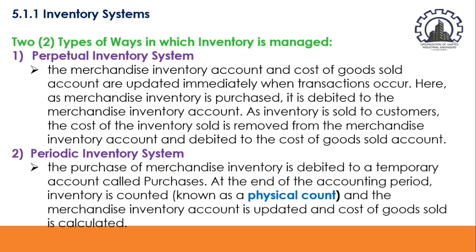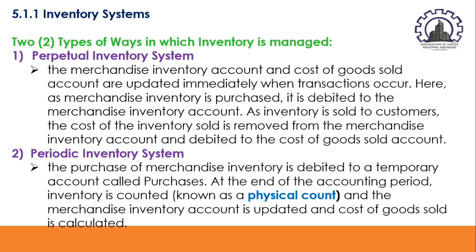So in other words, a perpetual system means that account balances are known on a real-time basis. And by the way, this chapter focuses on the perpetual system. On the other hand, in the periodic inventory system, the purchase of merchandise inventory is debited to a temporary account called purchases.